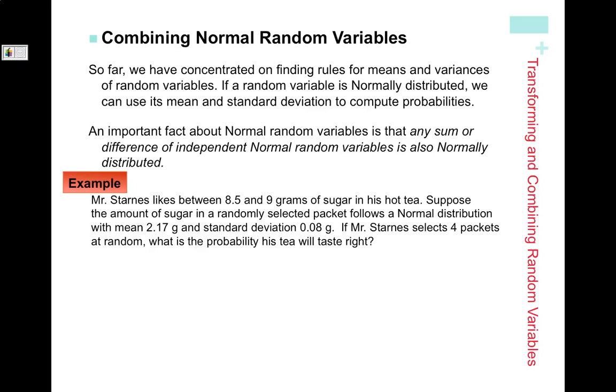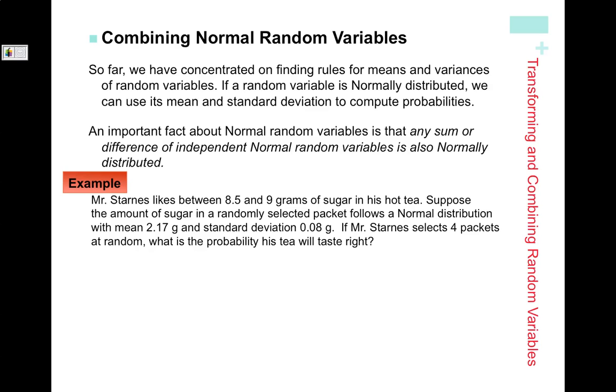So we have an example that we're going to go through, and we're going to look at how we can apply this. So we have Mr. Starn, he likes sugar in his hot tea. He really likes between 8.5 and 9 grams. If it's not between there, he thinks it tastes funny, and he sends it back with the waitress. And all he has to choose from are sugar packets on the table.